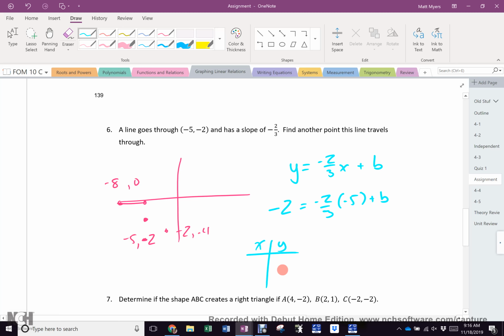That's a lot of work, though, right? Now, if you were going to do that, it would be 10/3 minus 2, which would be 3 1/3, negative 5 1/3. So y equals negative 2/3 x minus 5 1/3. And then you could sub in numbers for x.